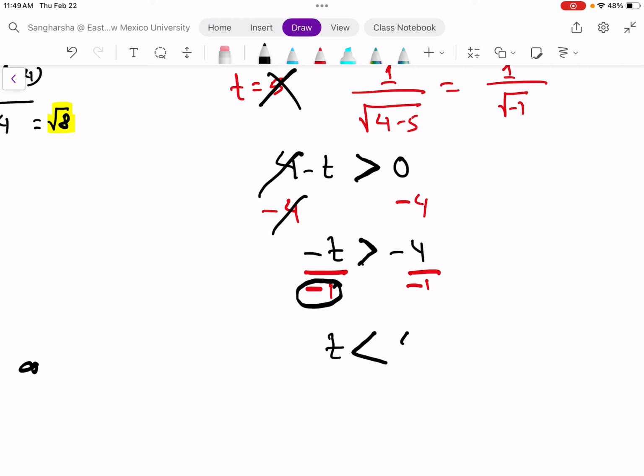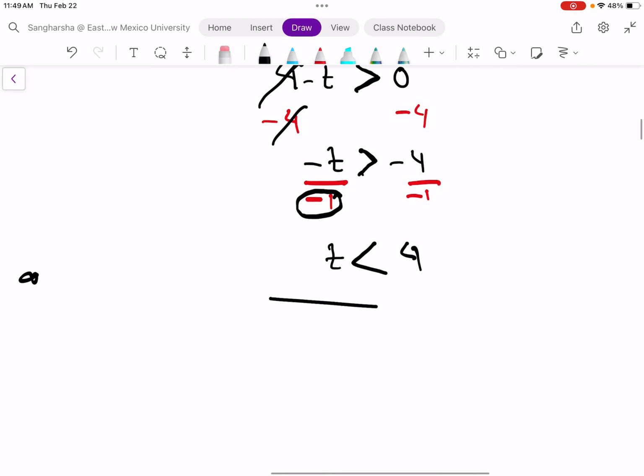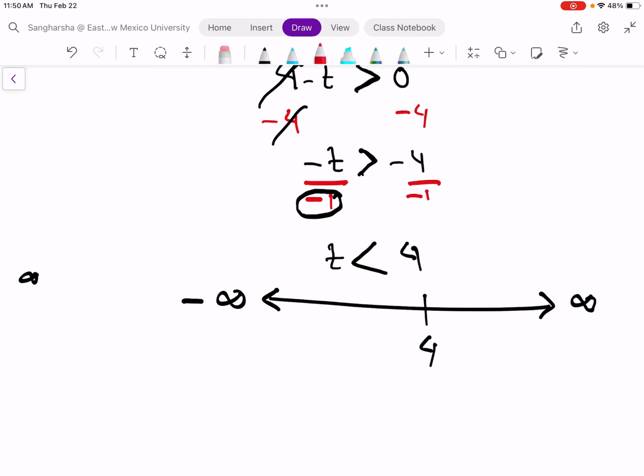On a number line, you have positive infinity and negative infinity. So we have 4. And at 4, is it an open circle or a closed circle? It's open because there is no equals sign here. It's only strictly less than. And since it's less than, it's on the left side, right? So our domain is from negative infinity to positive 4.